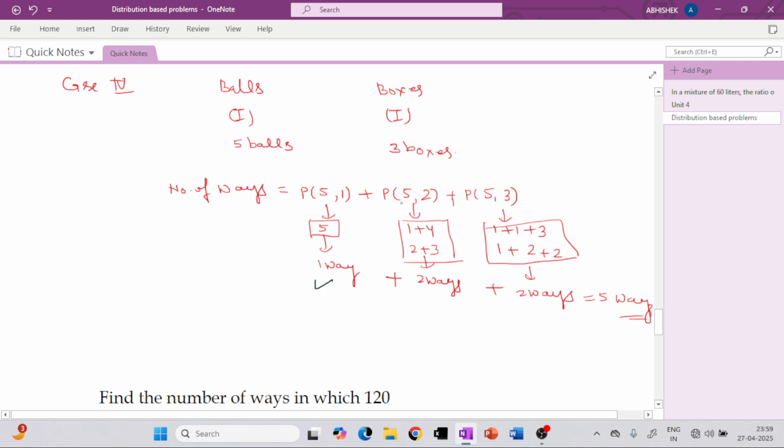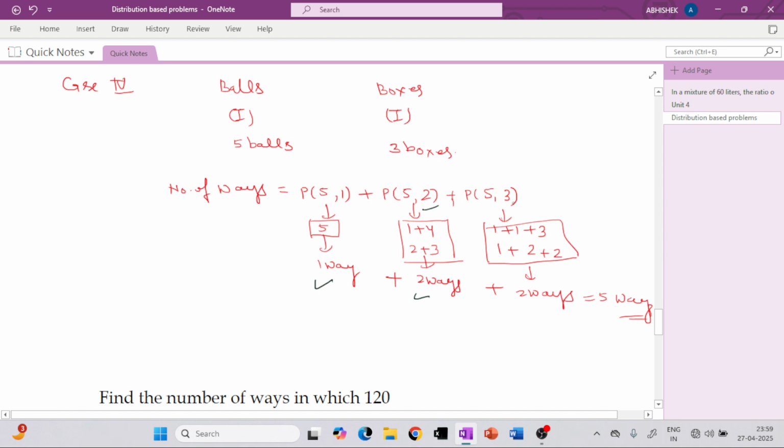When we divide 5 balls in 2 parts, the third box remains empty. In how many ways? 1 plus 4 or 2 plus 3, and the third box contains 0 balls. So 1 plus 4 and 2 plus 3 give 2 ways, because balls and boxes are identical.